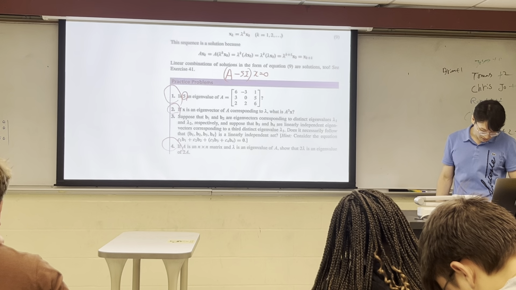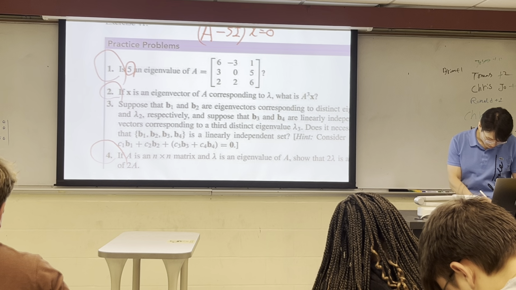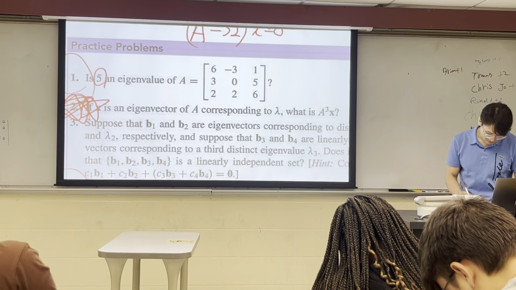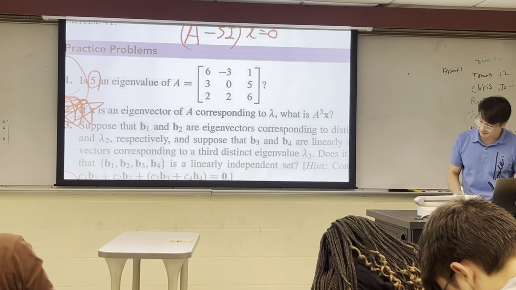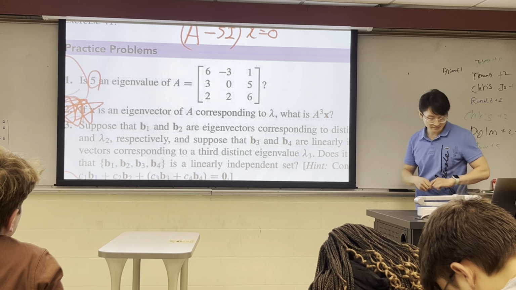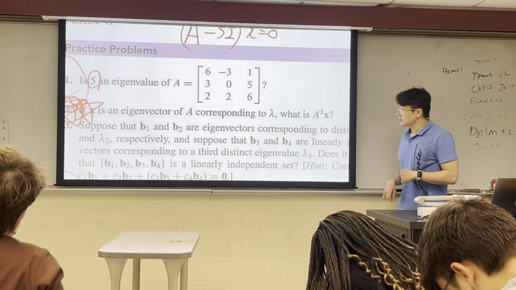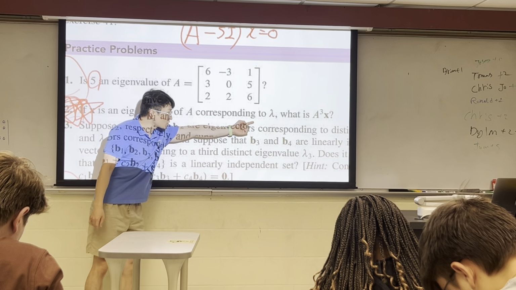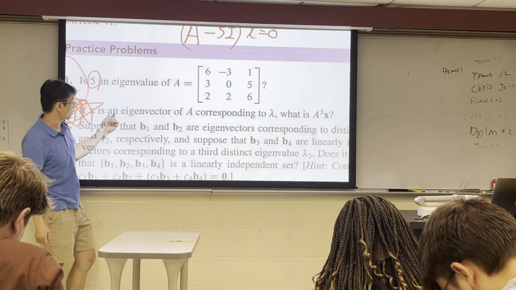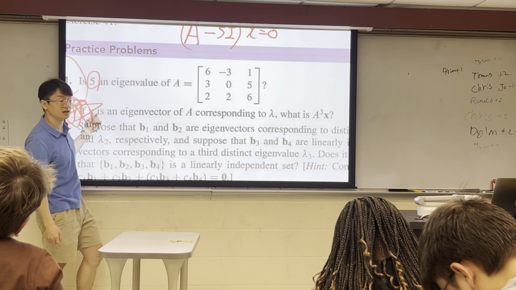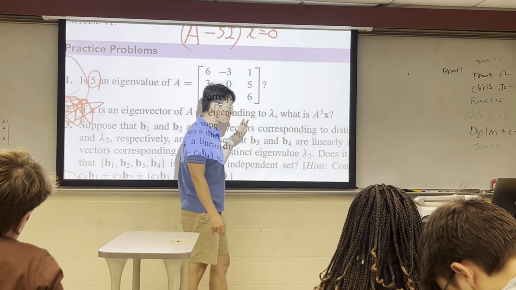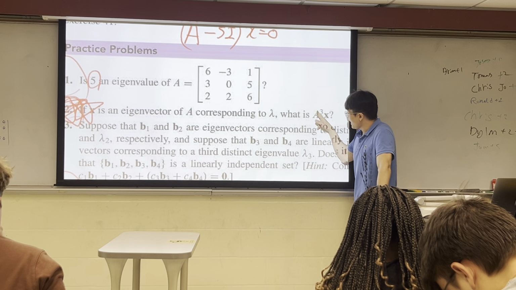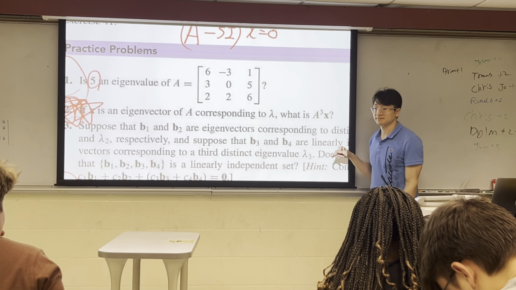Okay, so the last one is a very, very important one. What is this? Let's say x is an eigenvector and lambda is the corresponding eigenvalue for x. And I happen to want to multiply A cubed by x.